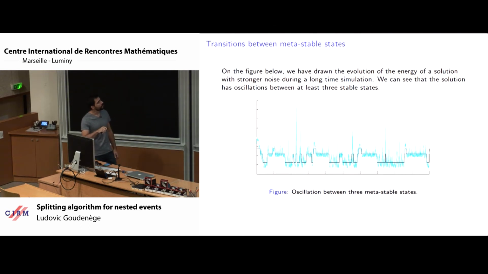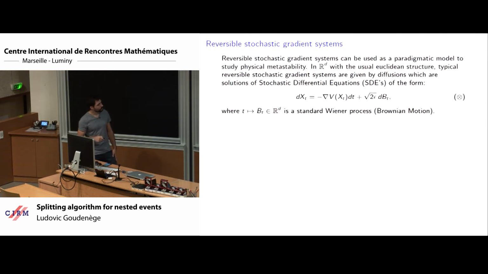You can see that I have this minimum of energy, maybe I have another stable state, and something maybe stranger, a third stable state here. And what I want to describe is the time spent in each minimum.